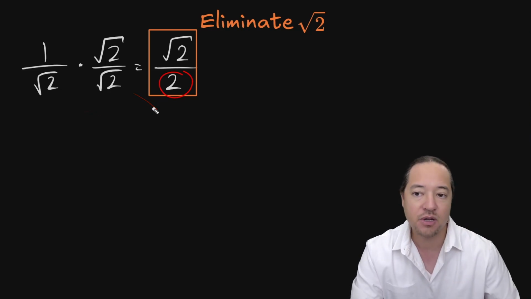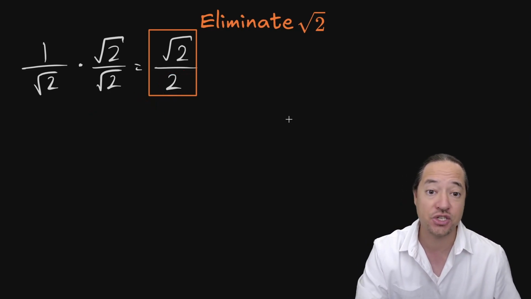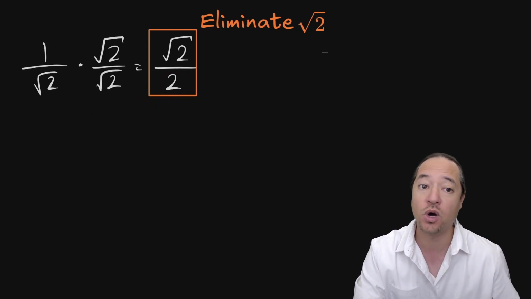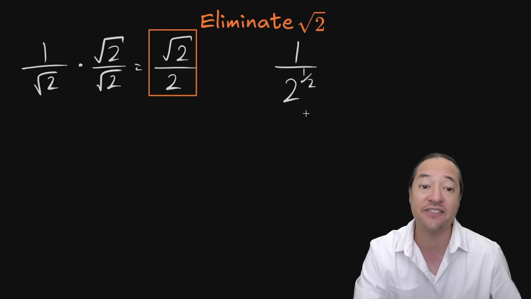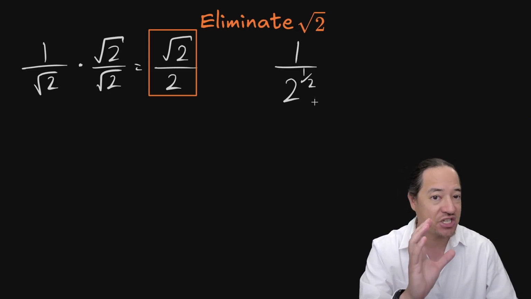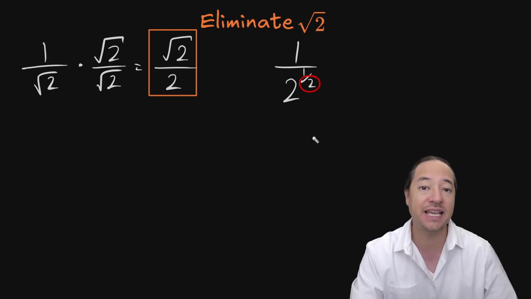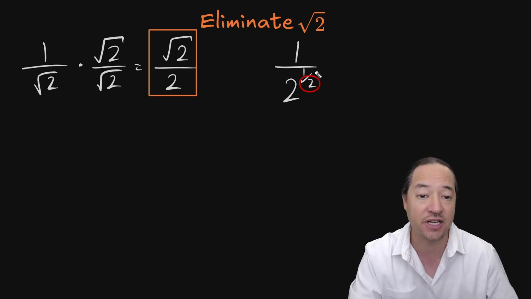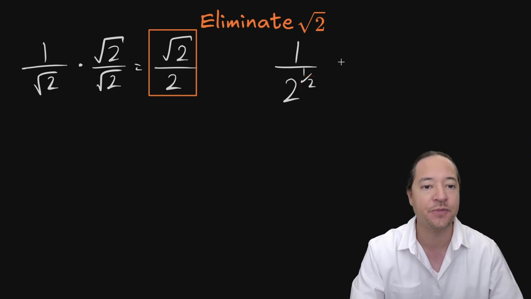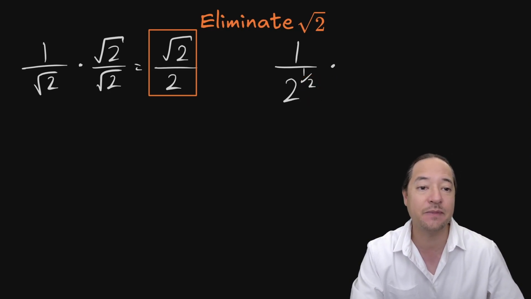We could also think about this in terms of rational exponents. Instead of 1 over root 2, I could think of this as 1 over 2 to the 1/2 power. To eliminate the radical sign, what I'm really doing is eliminating this exponent as a fraction. I don't want this to be a fraction, so I'm going to do the same thing. I multiply by 2 to the 1/2 power over 2 to the 1/2 power.